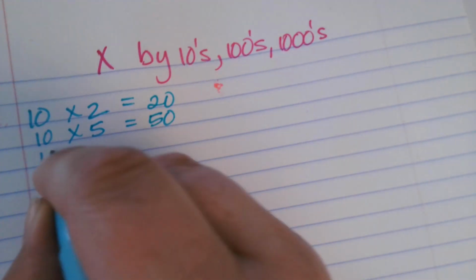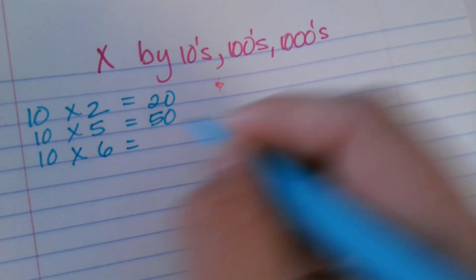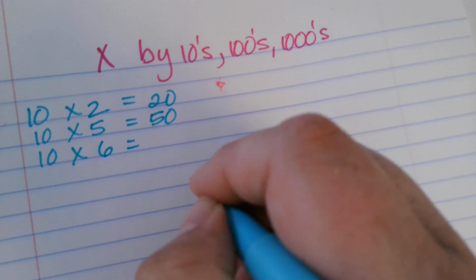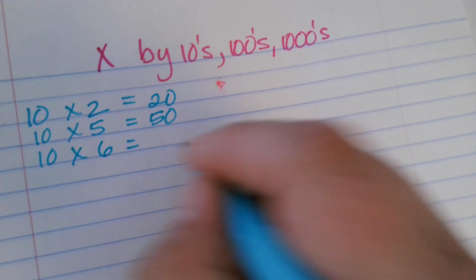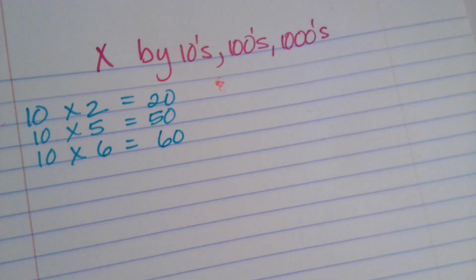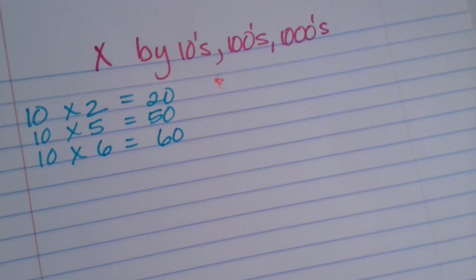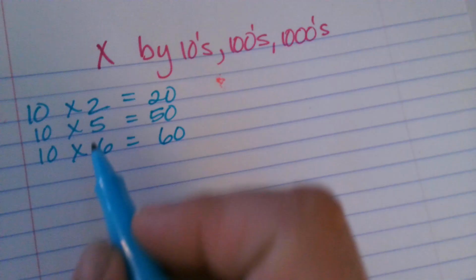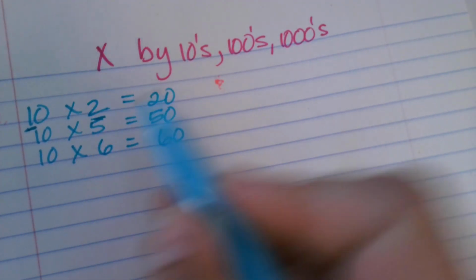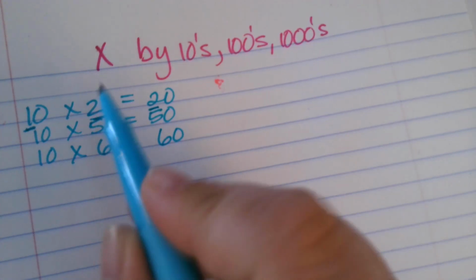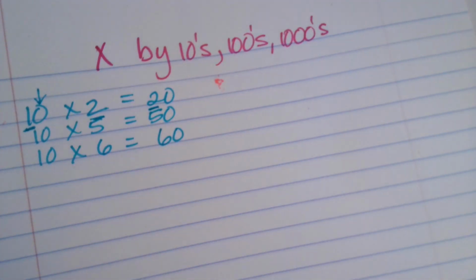What do we notice here? 10 times 6? 60. Yeah, so what do we notice? You're just adding a 0. So really here, I've got 1 times 2, which gives me my 2, and then I have a 0 at the end.